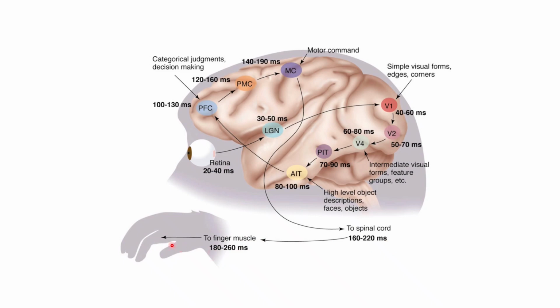And then the finger moves or the hand moves. At each of these stages, different levels of processing are happening. The retina is basically processing the pixel level image. The visual cortex is identifying simple shapes in these images. And then in the prefrontal cortex, decisions are being made whether one should reach towards the object or move away from the object, and so on.